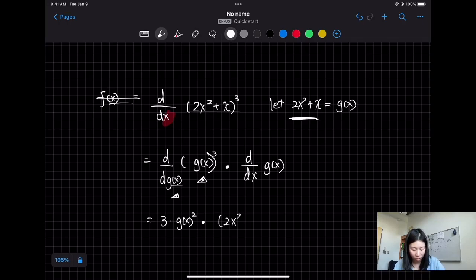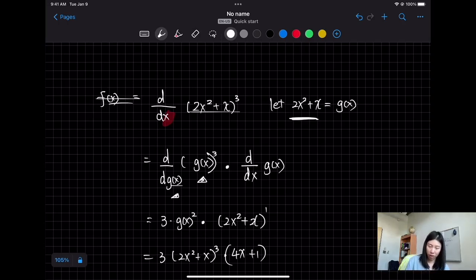Now when I substitute everything back, I will get 3 times (2x squared plus x) to the second power times (4x plus 1). So that would be the final answer.